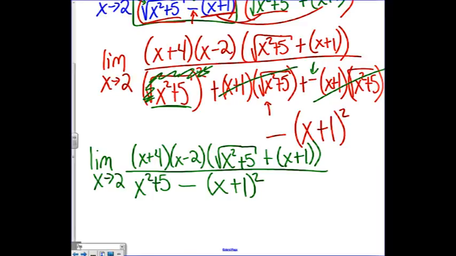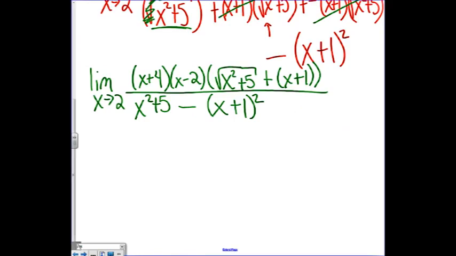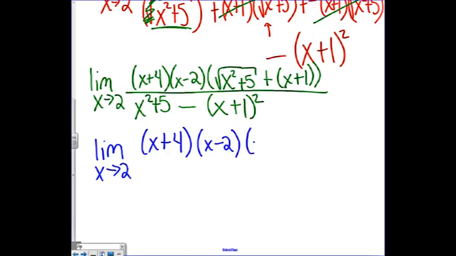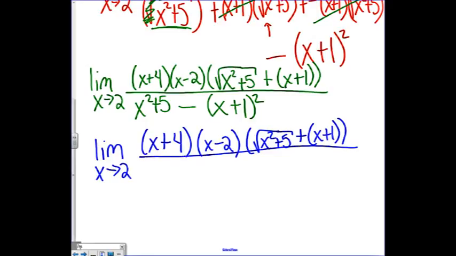So now we've cleaned that up considerably, but let's clean it up some more. We still have the limit as x approaches 2 of x plus 4 times x minus 2 times the square root of x squared plus 5 plus x plus 1, all over this x squared plus 5 minus x plus 1.